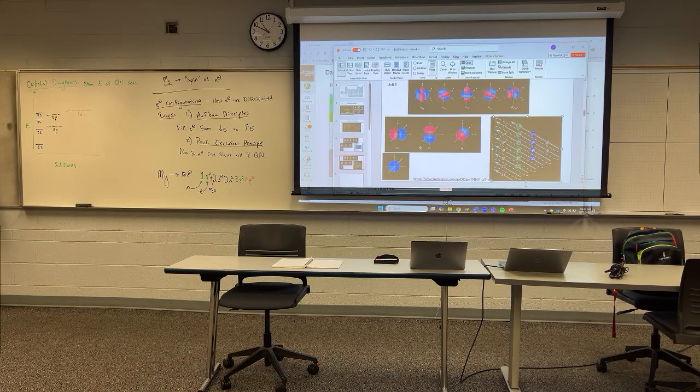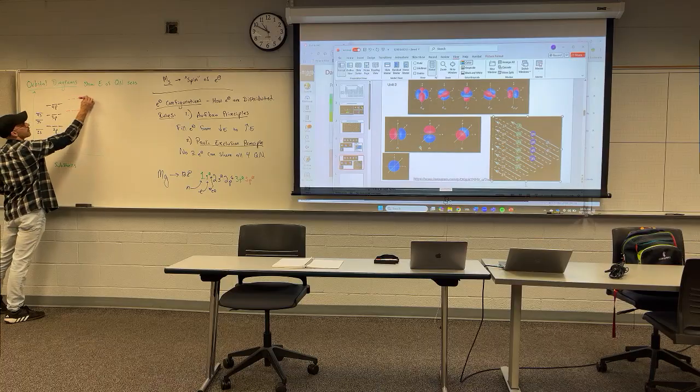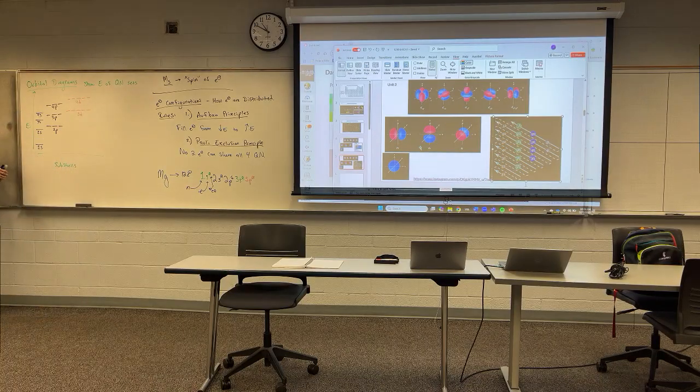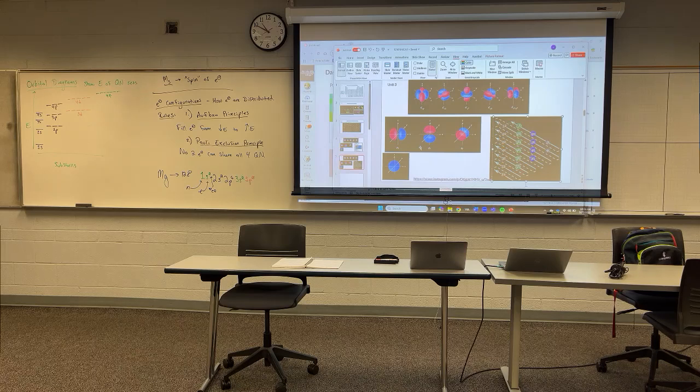There's some energetic stabilization that comes here before we see 4p, followed by 4d. And what comes after 4d? 4f, which has 7 individual orbitals, all the way from -3 to +3.